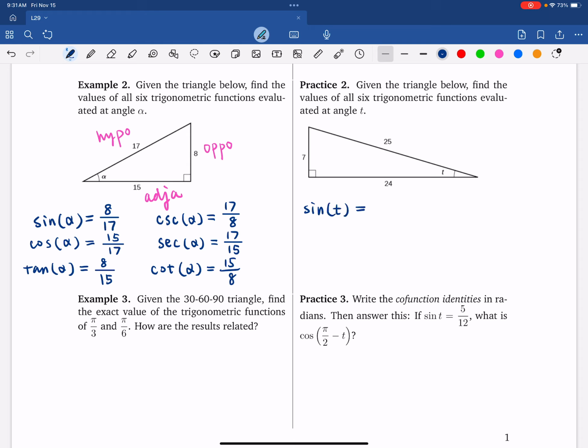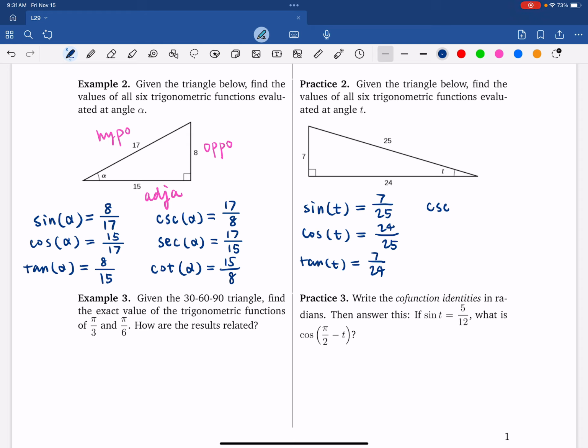Sine of t is 7 over 25. Cosine of t, 24 over 25. Tangent of t is 7 over 24. These 3 main functions, if you get them right, then chances are you will get the other 3 right as well.